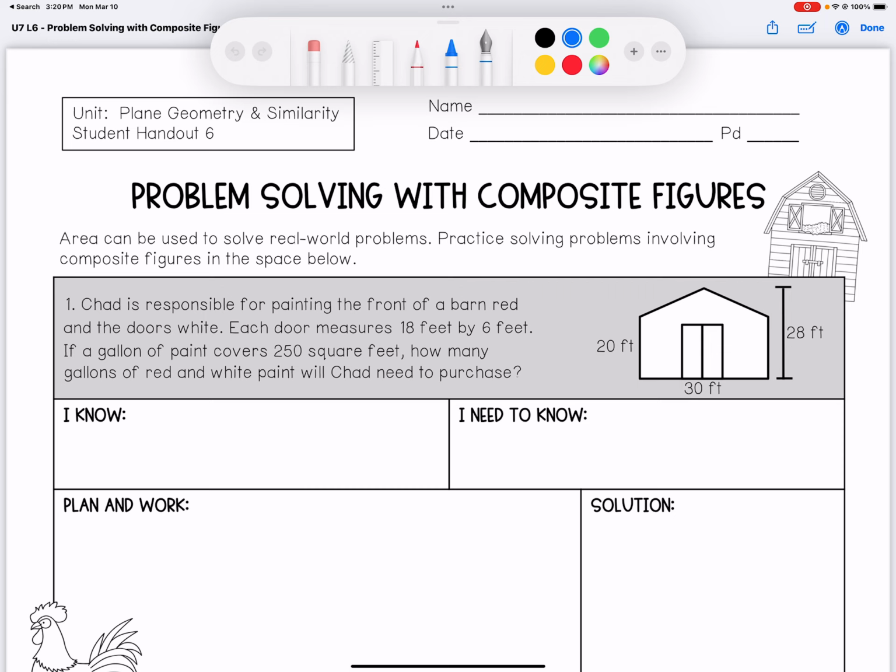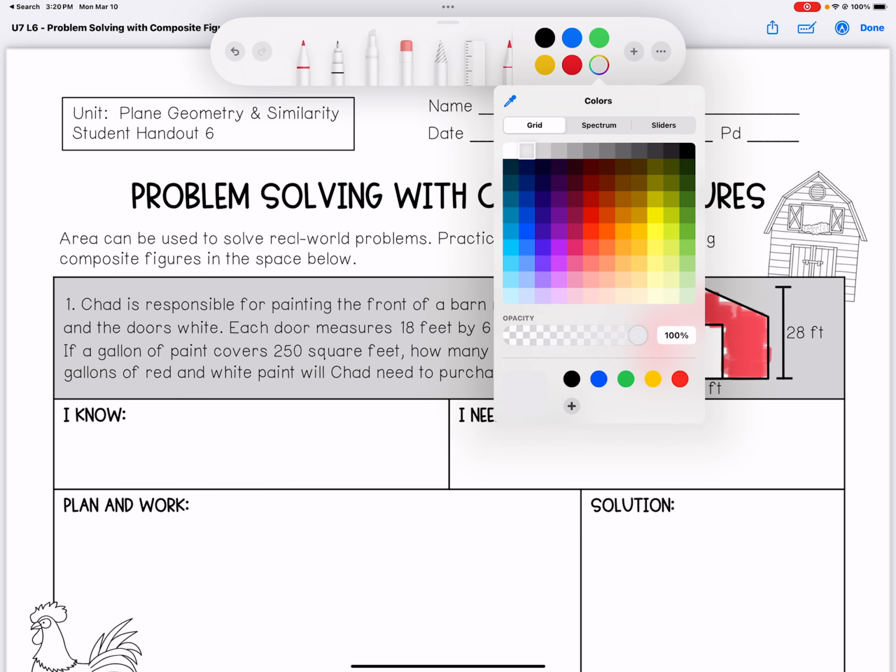Chad is responsible for painting the barn red, and the doors white. So here's what I'm going to do. I'm going to paint the barn red, and I'm going to paint the doors gray.